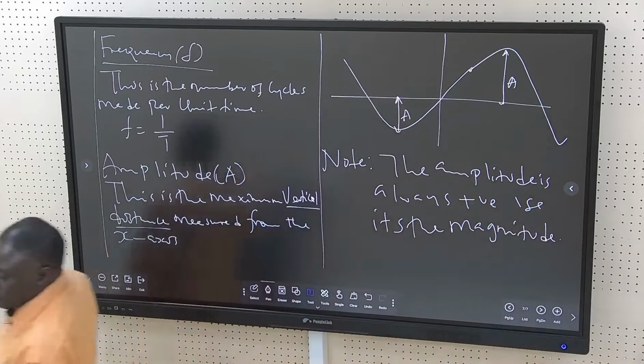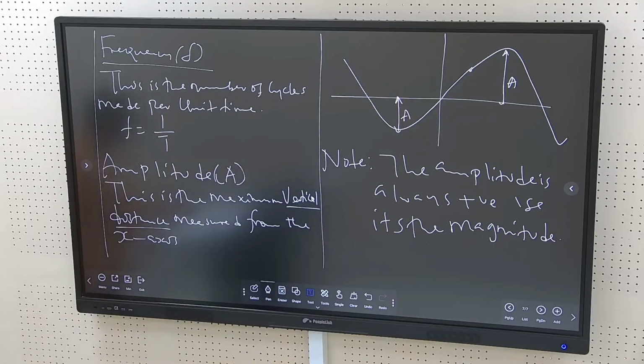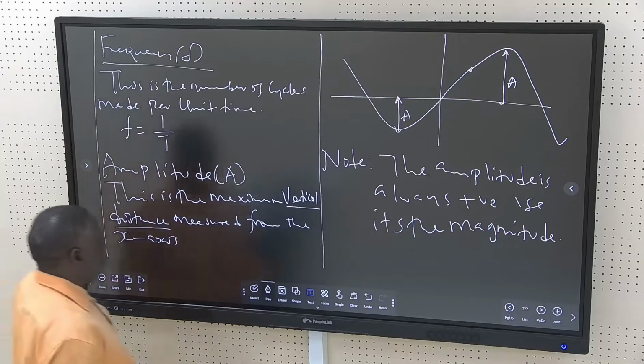Another term used in periodic functions is the phase shift.